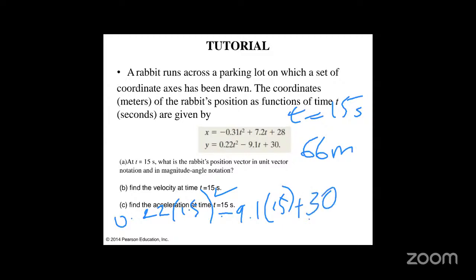If you simplify this, it will give you minus 57 meters.